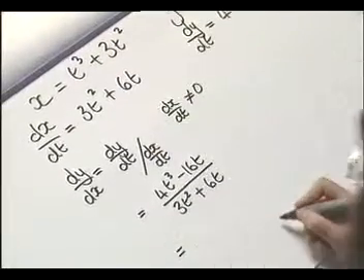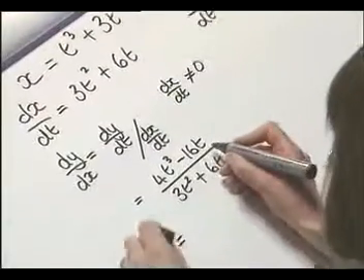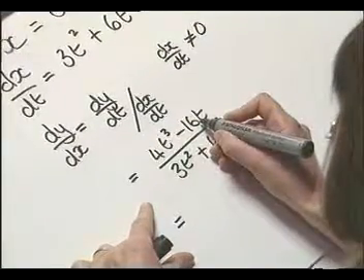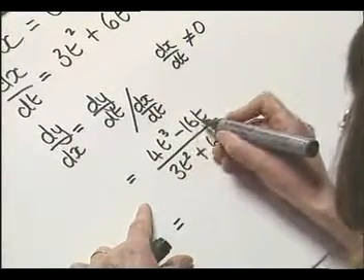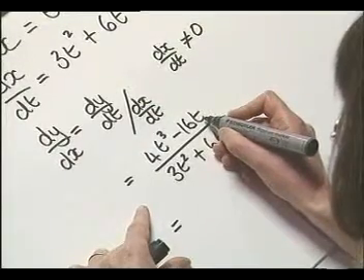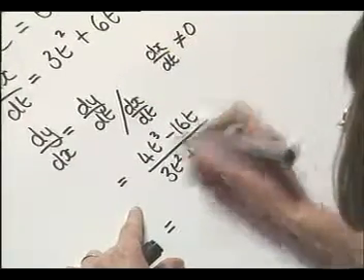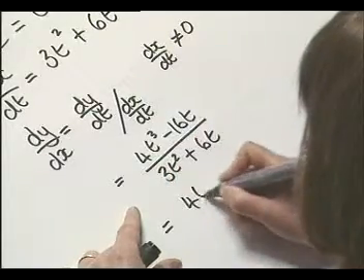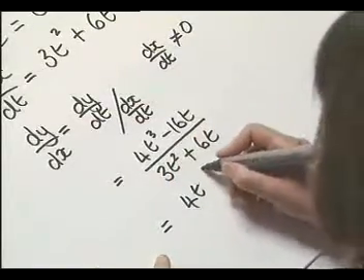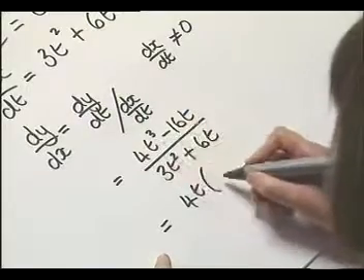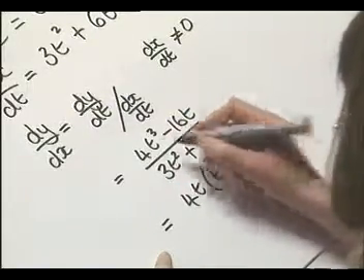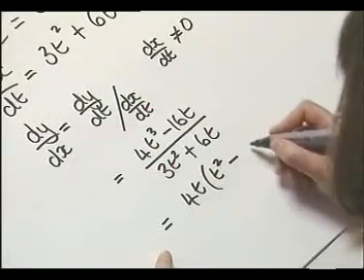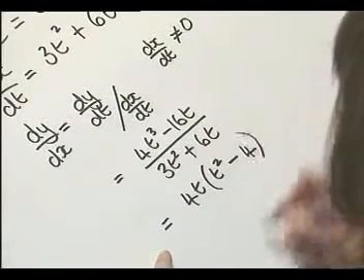Now let's tidy this up a bit and see if there are things that we can cancel. Here at the top we've got 4t cubed take away 16t. Common to both parts of this is a 4 and a t. So if we take 4t outside a bracket, inside we'll have left t squared, that makes 4t cubed, take away 4.